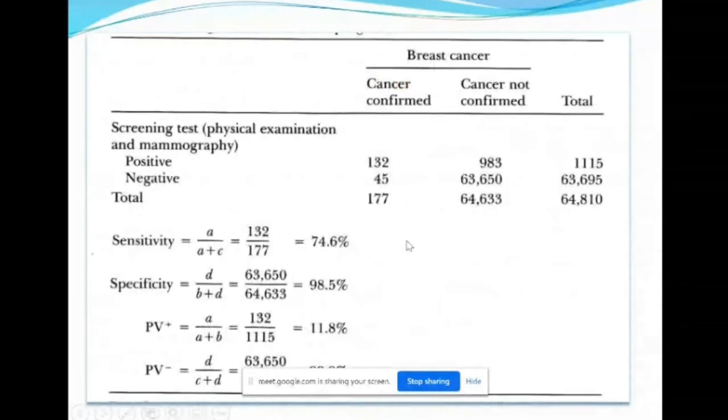This is an example with numbers on how to calculate these measurements of a screening test. This example is about screening of breast cancer.